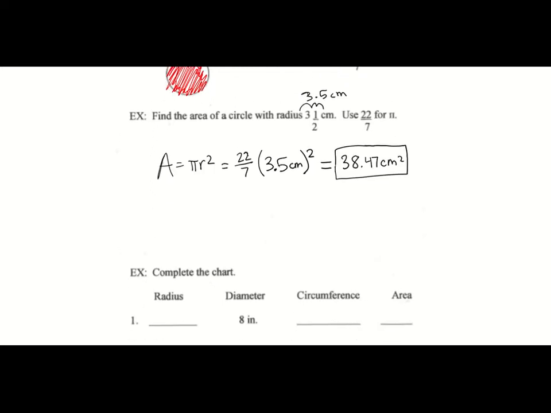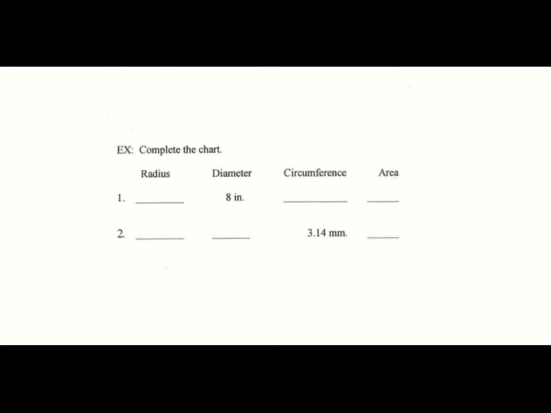Okay, and our next one says to complete the chart. So here, we're given 2 pieces of information, and we want to find the other pieces that we're missing. So our number 1, if we're given that our diameter is 8 inches, we know that our diameter is 2 times the radius, so we can divide that 8 by 2, and that makes our radius 4 inches. Our circumference, we know the equation for circumference is 2 pi r.